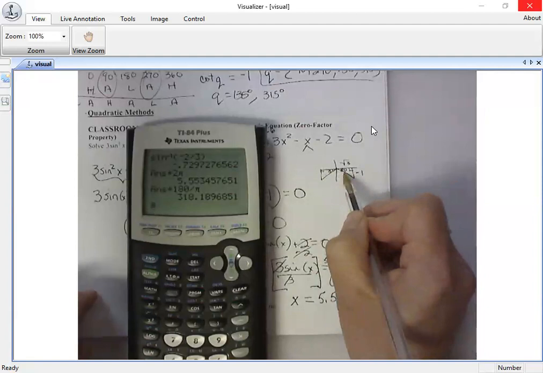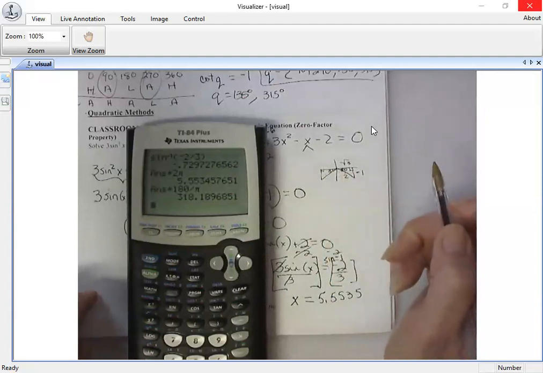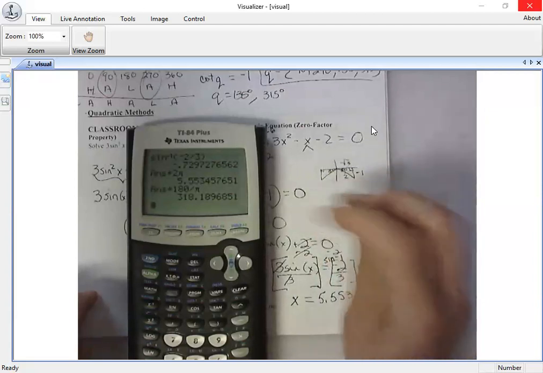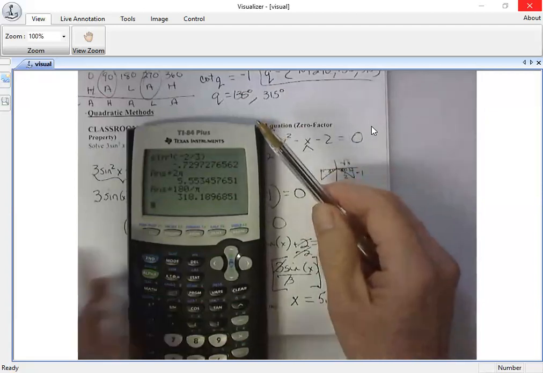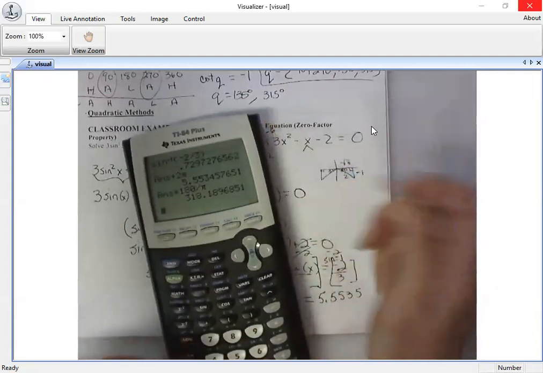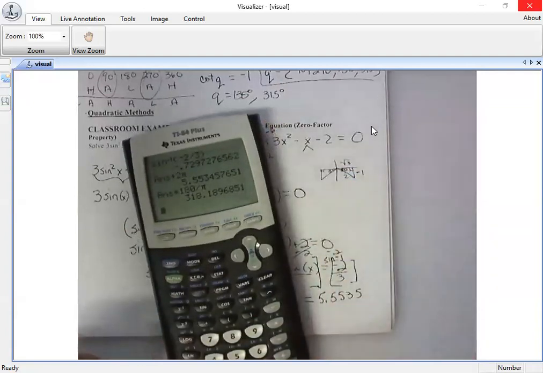I'm trying to think if there's an easy way to explain how we're going to find what it is in the third quadrant. It would be a whole lot easier if we were working in degrees and we knew what this was. So let's do it this way, all right?